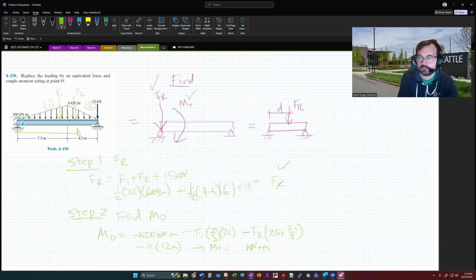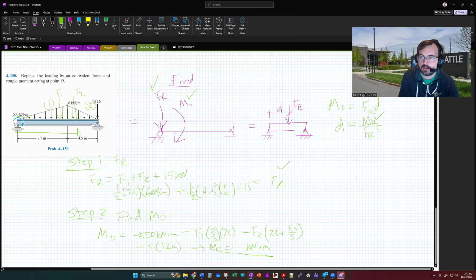To find distance D, remember that distance D that we're trying to maintain is to keep these two systems the same, which means that our moment is force times that perpendicular distance, or MO divided by FR is the same thing. So I've already found MO. I've got FR, and that's going to give me my value here.